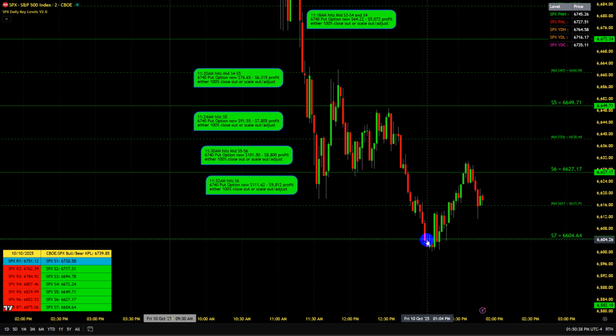So remember, we paid $13.50. So at $134, that basically means that you would have about $12,000 profit per put option if you happen to have any remaining runners left when it hits this S7 level.